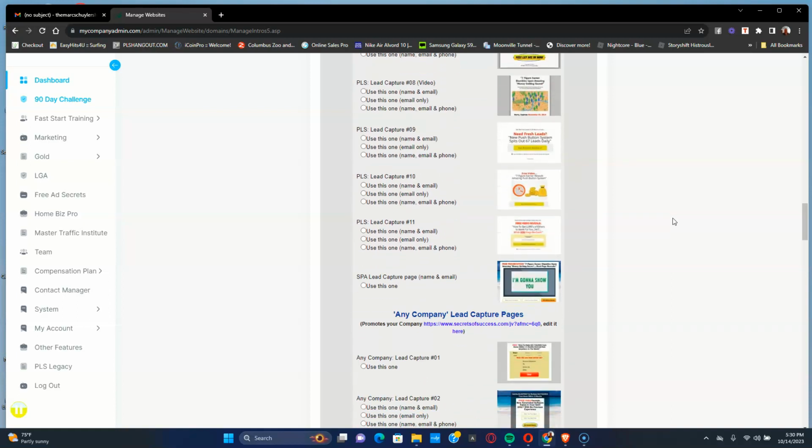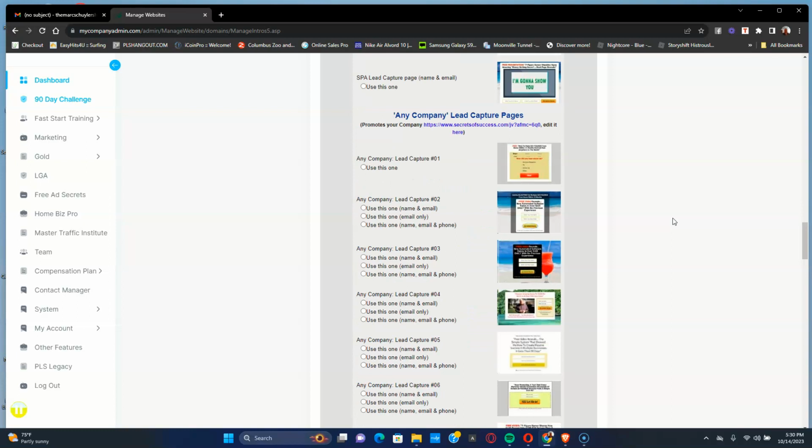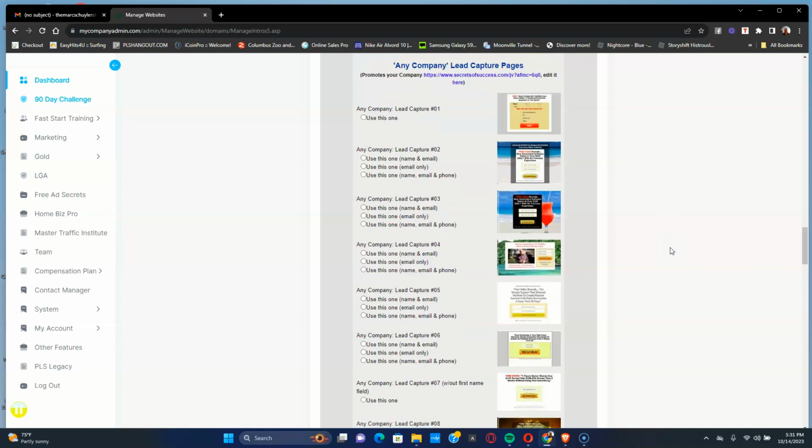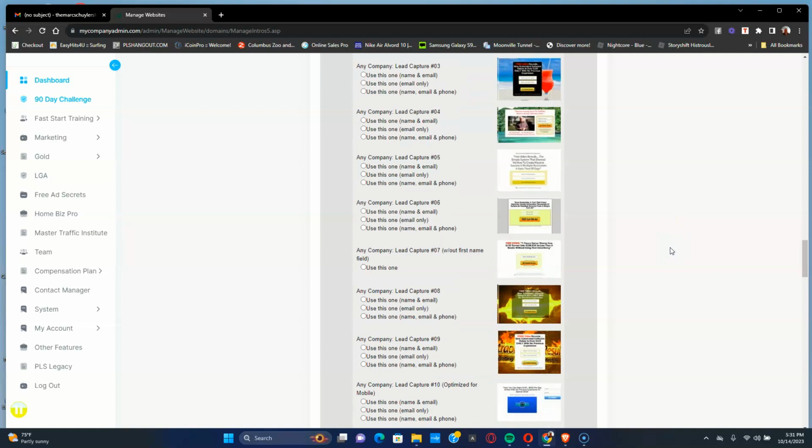Basically, with certain lead capture pages, if you have an existing business, you can promote this on the back end of that, so you can get leads for both things. You also can follow up; it goes on certain days where it follows up with you when you grab the person's name and email.